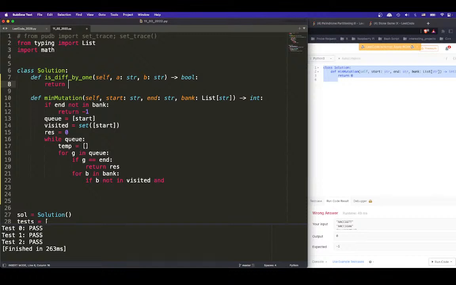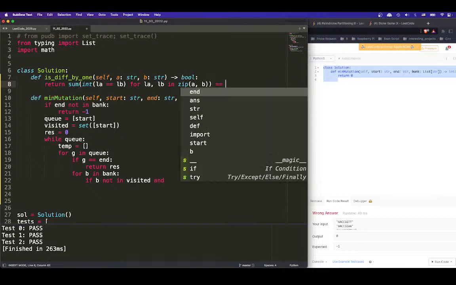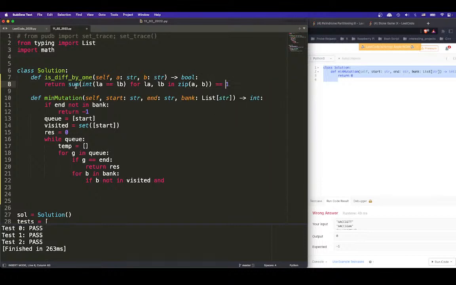Oof. Let a, b be the letters, right, we zip a and b, and check if the sum of this, the number of differences, equals 1. Nah, not equal to. Right, it has to only be 1.